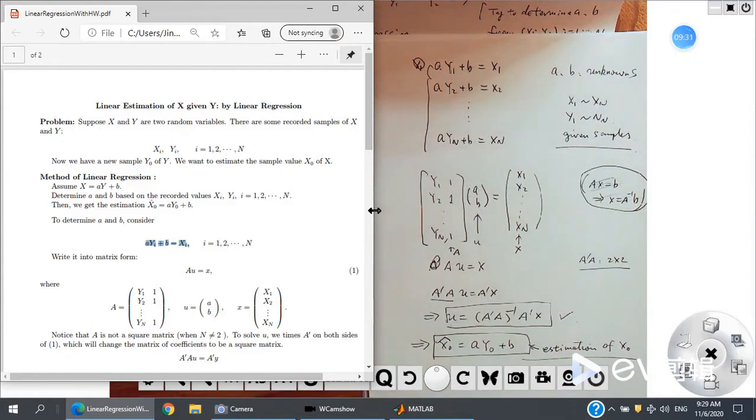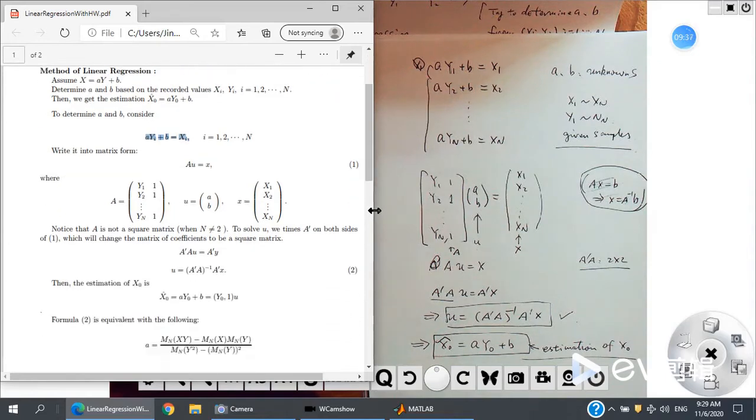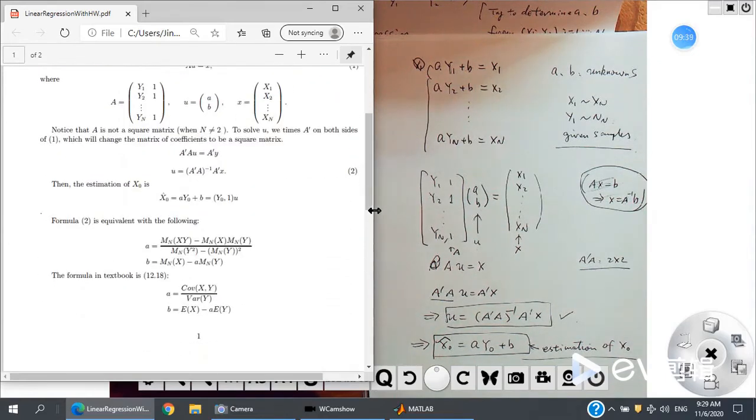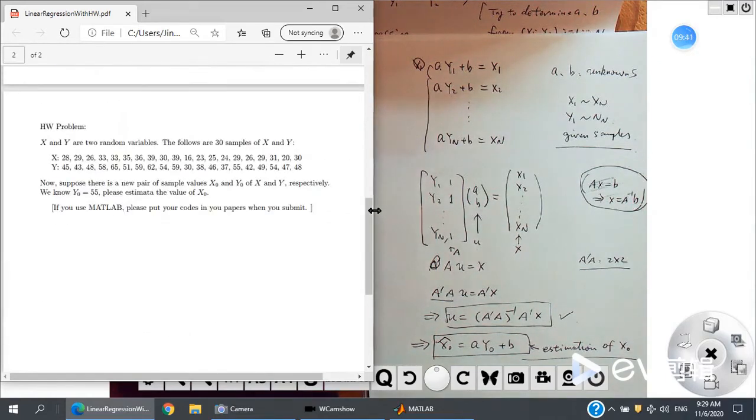Alright, we can do an example. Here I have homework problems. We can do this problem but with different data. Here I have 30 samples of y and x, and now I have a new y0, it is 55.